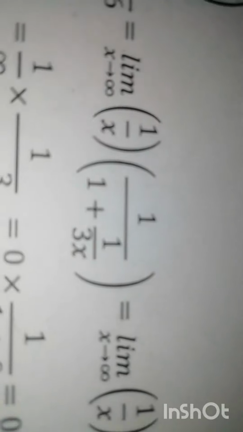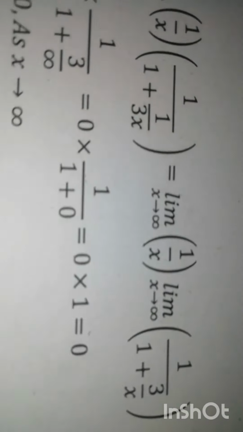Limit 1 by infinity, 1 by infinity means 0. 0 into 1 by 1 plus 3 by infinity. 3 by infinity means 0. So 0 into 1 by 1 plus 0 is 1. 0 into 1, 0.